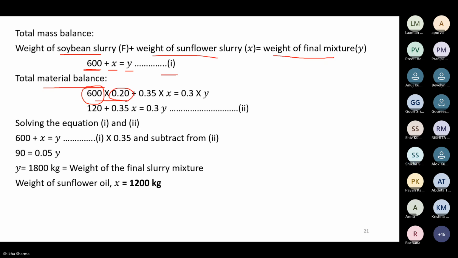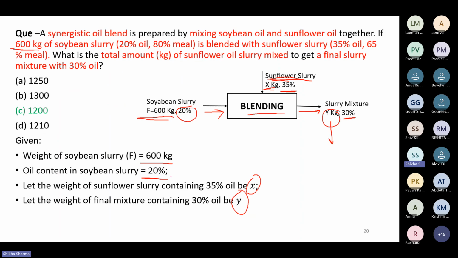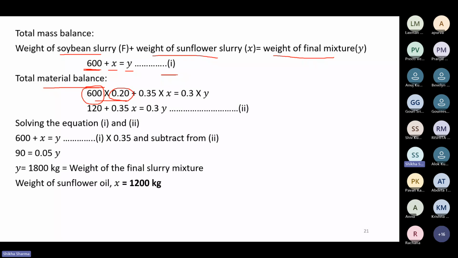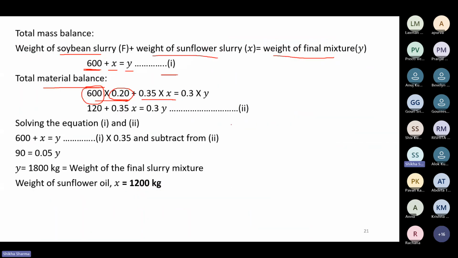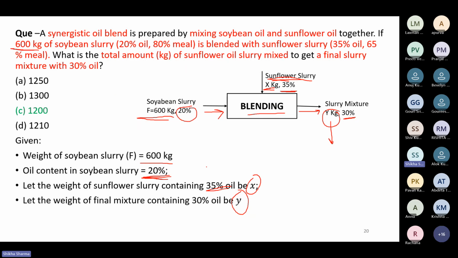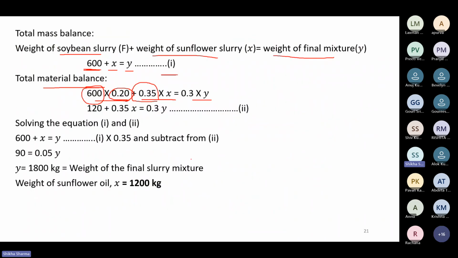The oil content in the soybean slurry is 20%, so 20 by 100 is 0.2, plus in X, what is the oil content? 35%, so 35 divided by 100 is 0.35 into X equals to Y, which is having 30% of the oil. So 30 divided by 100 is 0.3.